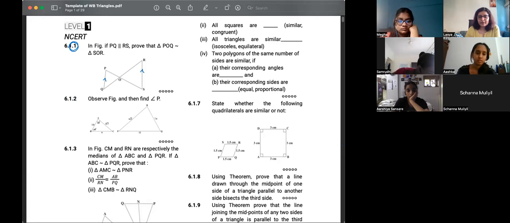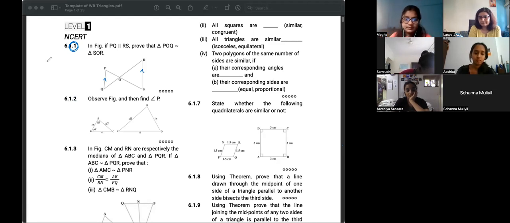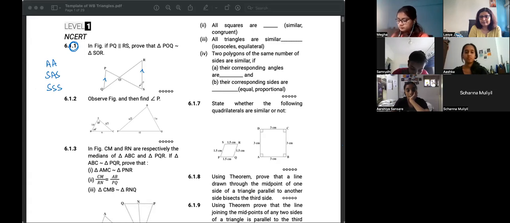Arshia, we just discussed the 3 similarity conditions. Which are the 3 conditions? AA similarity, SAS, and SSS. From the given figure, the only thing you're given is that these 2 lines are parallel.